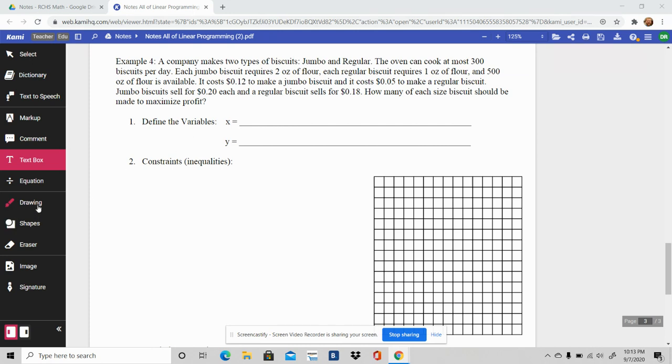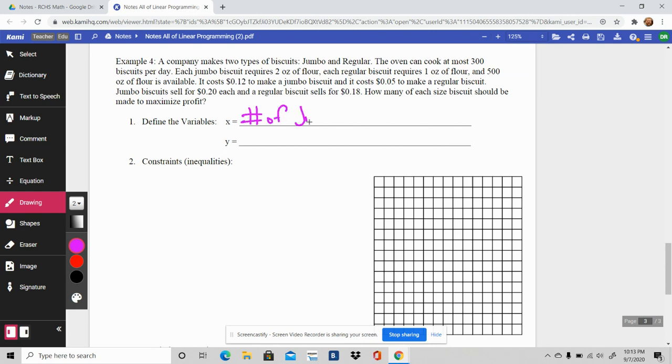Let X represent the number of jumbo biscuits, and we'll let Y represent the number of regular biscuits.